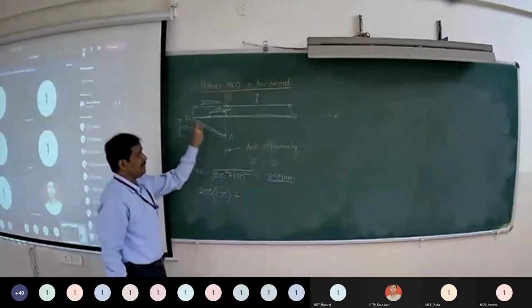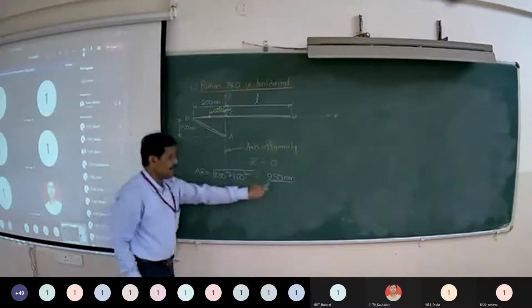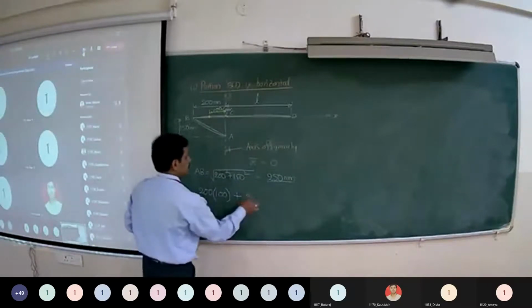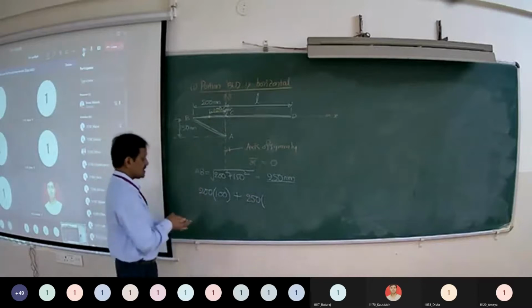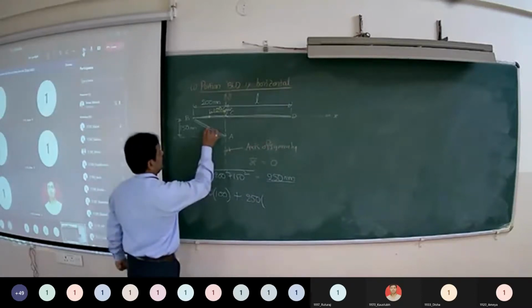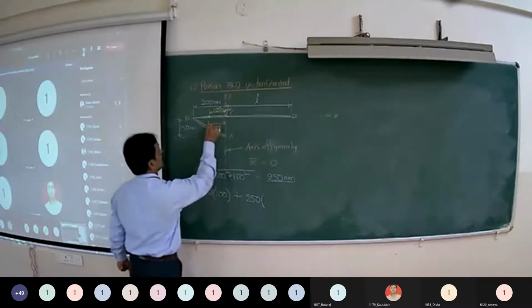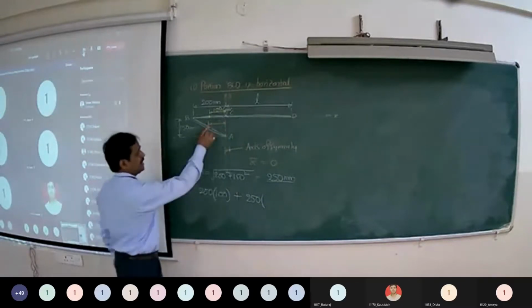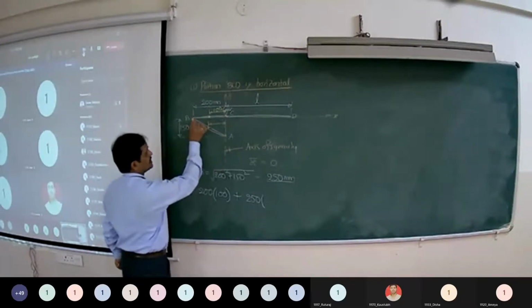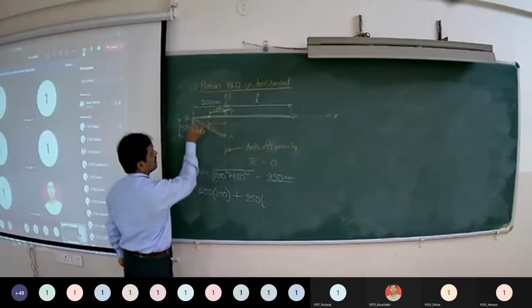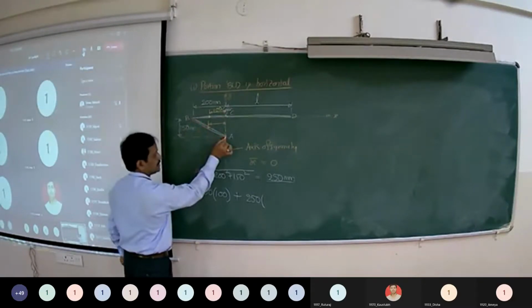Plus moment of line AB. Length of line AB is 250, into the distance of centroid of line AB from this vertical axis. See, in a right angle triangle ABC, AB is the hypotenuse, right?